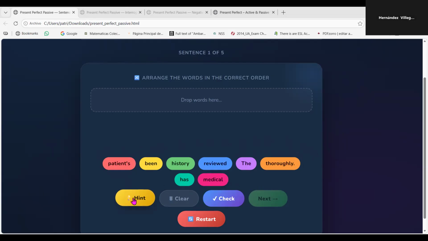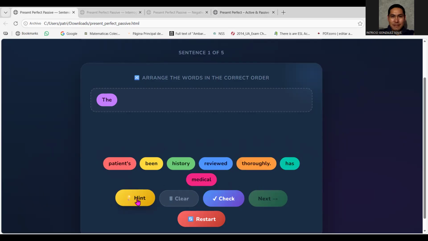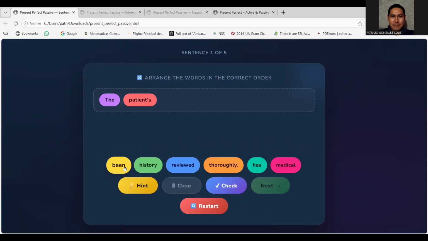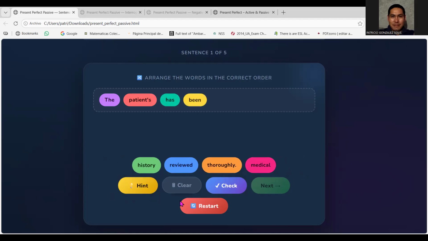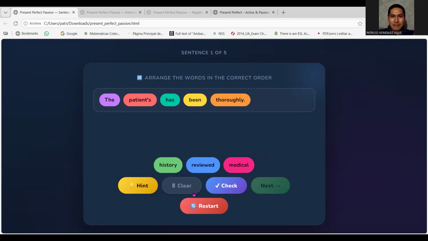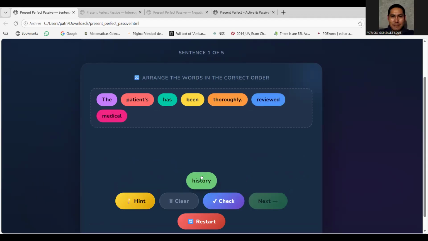The first is the patient has been thoroughly revealed medical history. Okay, my dear Joan. Good job.